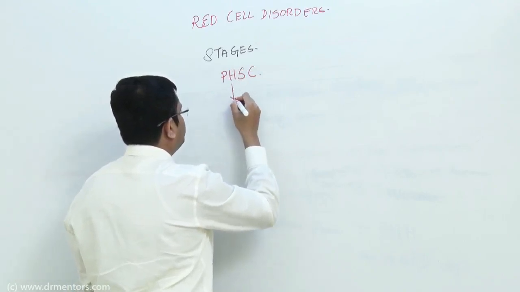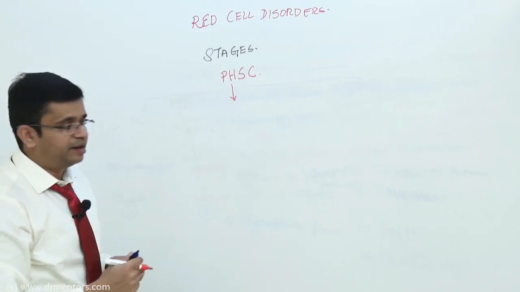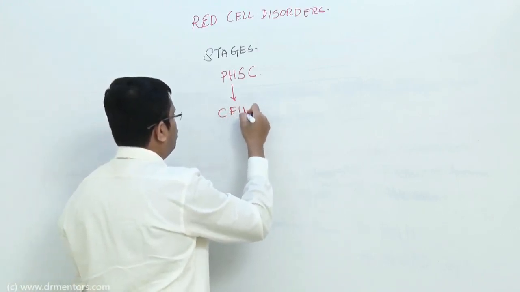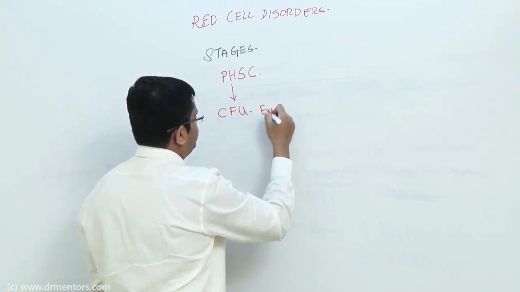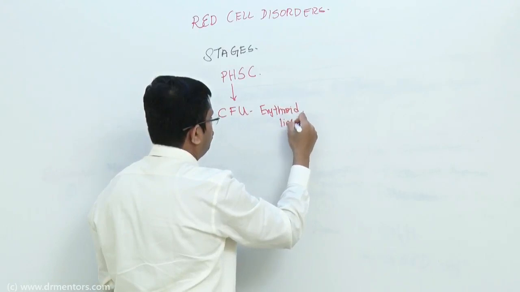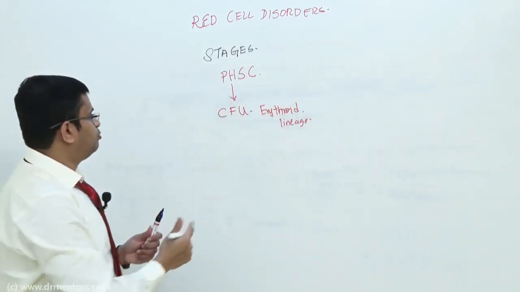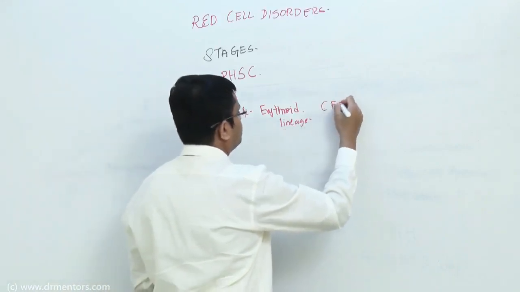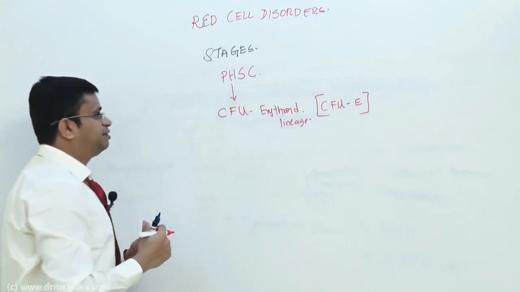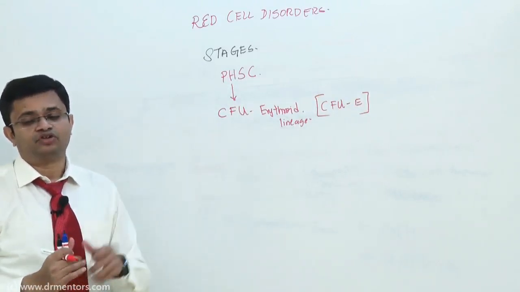That will give rise to the first committed cell line, which is the colony forming unit of erythroid lineage, also known as CFU-E. This is the earliest primitive cell which you get to see in erythropoiesis.